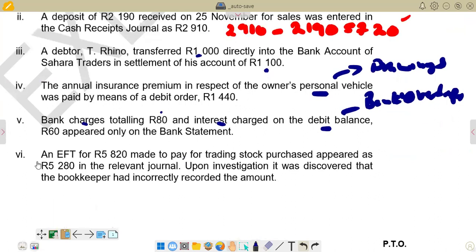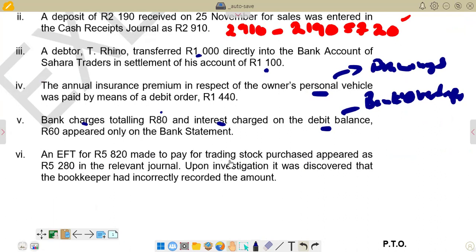So item 6 is an EFT for 5,820 made to pay for trading stock that appeared as 5,280 in the relevant journal. Upon investigation, it was discovered that the amount was entered incorrectly. So what we are saying is there was an EFT for 5,820, which was a payment for trading stock.